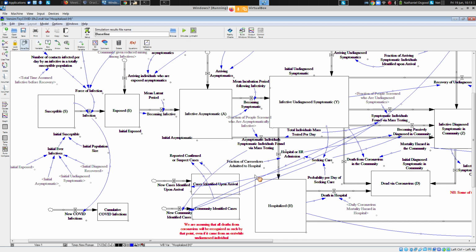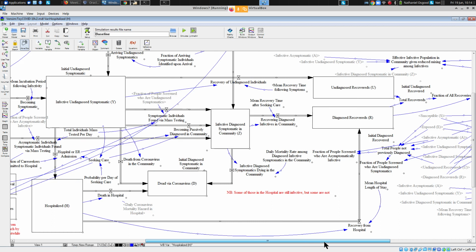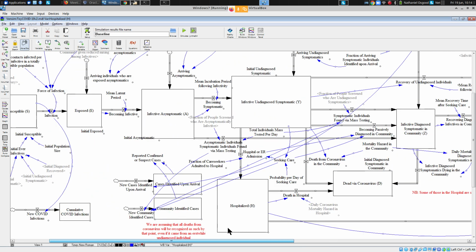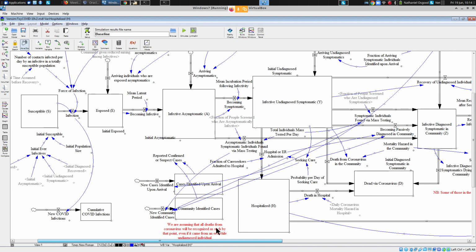And there are elements associated with active case finding, in the form of individuals who are found via mass testing, as might be seen with targeted or broader testing regimes.